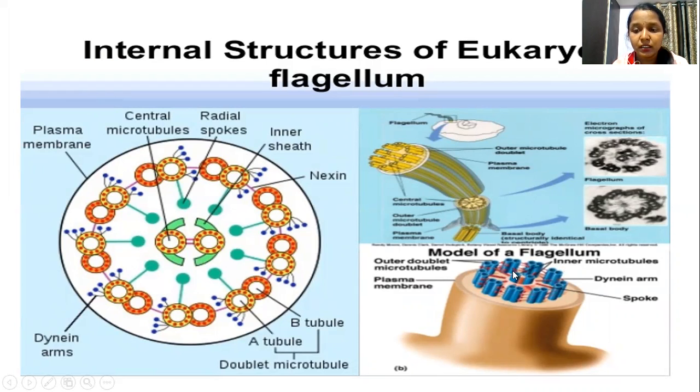So inner microtubules are there and outer doublet microtubules are there, usually nine in number. Even this kind of structure will be seen in the higher vertebrates. There will be a continuous arrangement of these central and outer microtubules. The polymerization, or continuous arrangement, of these microtubules forms a thread-like structure.